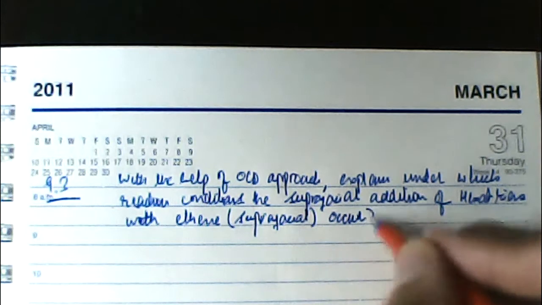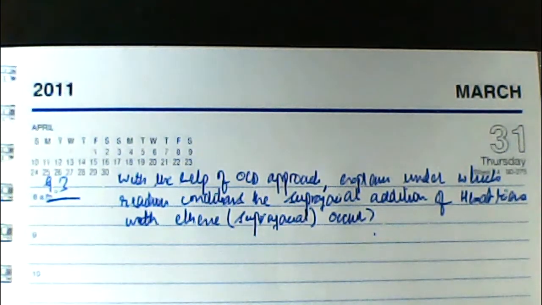So this is my question, that with the help of the OCD approach I need to explain the reaction of hexatriene with ethene.